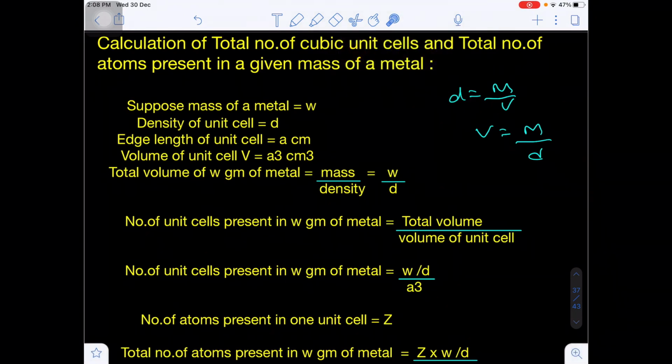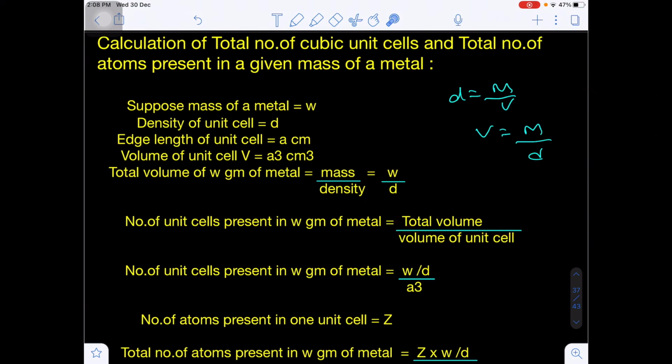So W by D is nothing but the volume of the W grams of metal. How do we calculate the number of unit cells in the W grams of metal? Total volume divided by the volume of the unit cell gives you the number of unit cells.